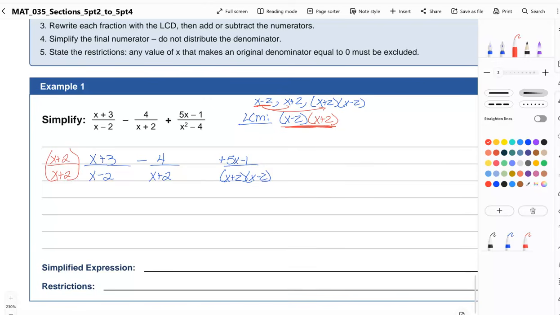The second fraction has a denominator of x plus 2, so it's missing the x minus 2. We'll multiply the top and bottom by the x minus 2. And then if I look at that last fraction, it already has x plus 2 and x minus 2, so I don't really need to do anything to that. I can just leave it. Remember, there's an understood parentheses around the tops and the bottoms of a fraction.